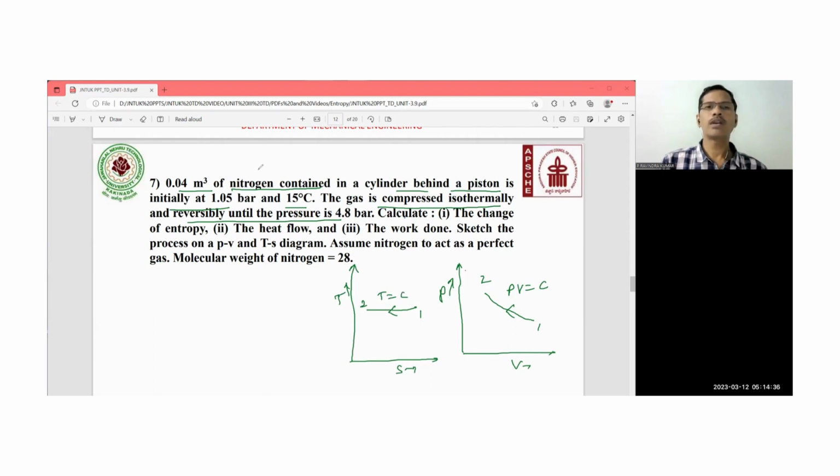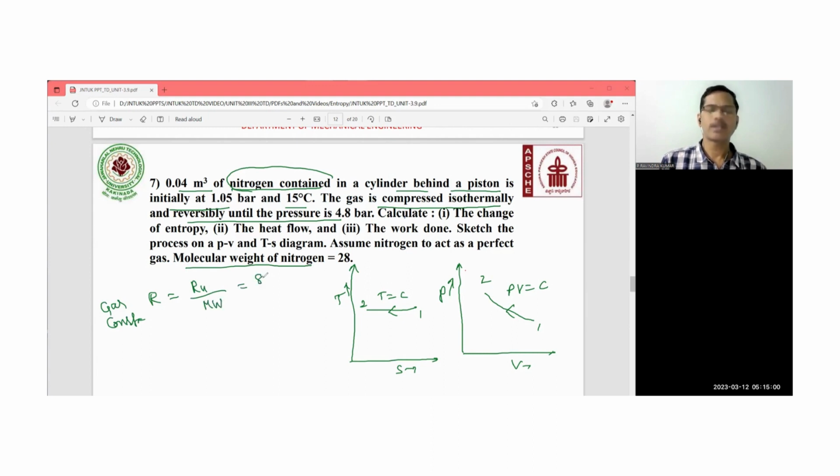Here one has to be more careful about the gas usage. The molecular weight of the nitrogen is given, so the R value, that is the gas constant, is the universal gas constant divided by molecular weight.